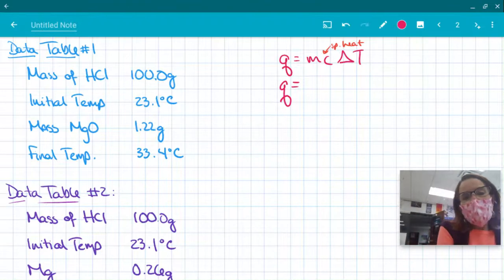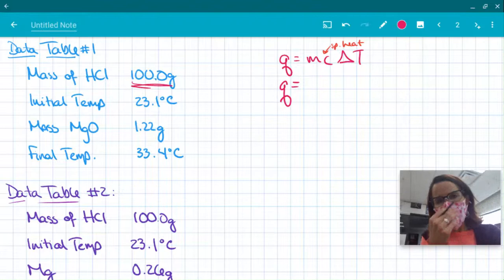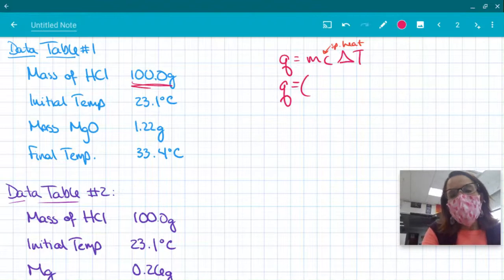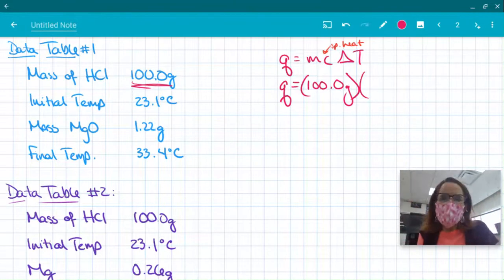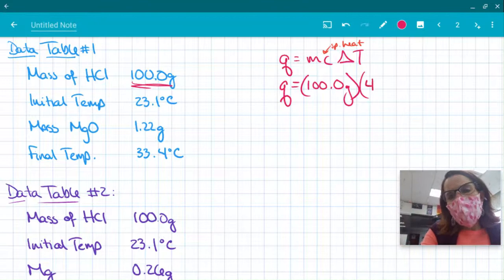If we have 100 grams of HCl, we're going to say it's like 100 grams of water, or 100 milliliters of water. So we're going to go ahead and put 100 grams right there. Everybody should have right around that number. C is going to be the specific heat of water. We should use the specific heat of hydrochloric acid, but it's so similar to water that we can get away with using the specific heat of water, which is 4.184.